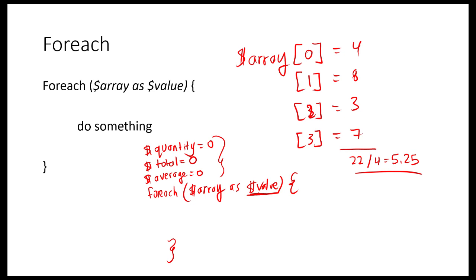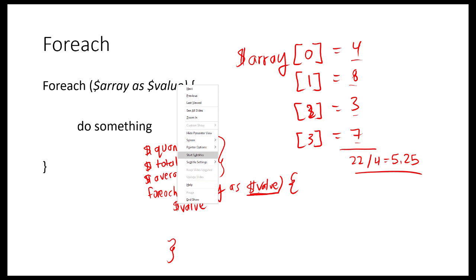So the first time the loop runs, the value of value is 4, which is the first value in the array. And the second time it's 8, and the third time it's 3, and the fourth time it's 7. So let's just erase that.